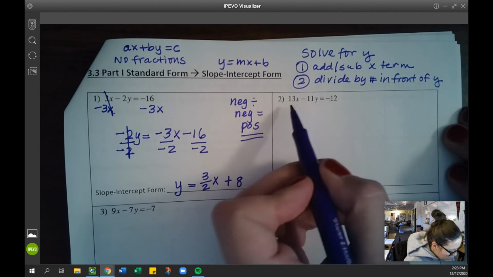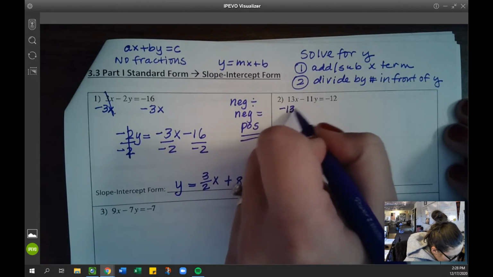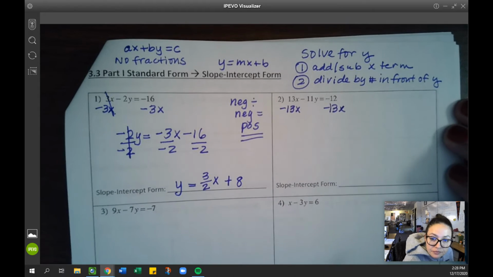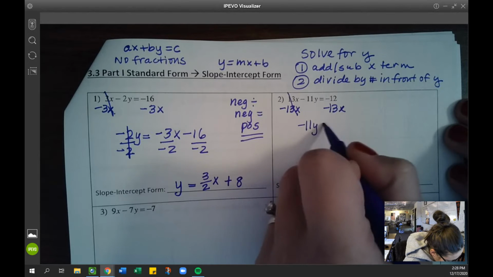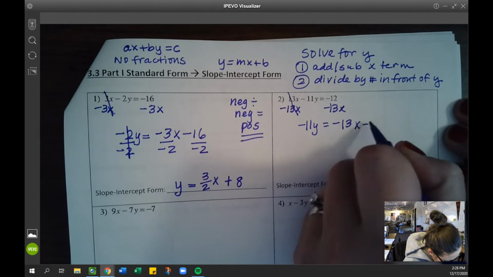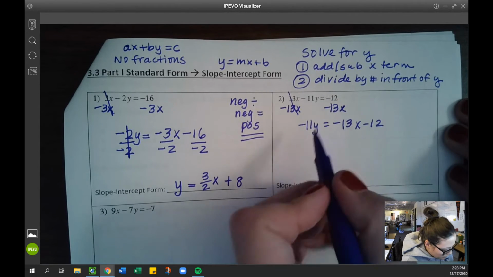Same thing. Add or subtract the x term. So I have 13x. I'm going to subtract 13x from both sides. That zeroes out. I'm left with negative 11y. Again, these are not like terms. Divide by the number in front of y.